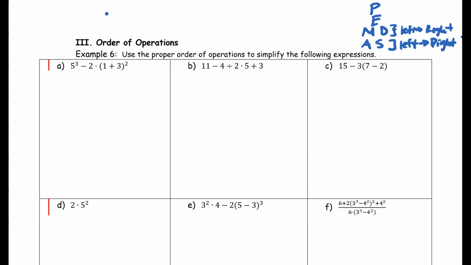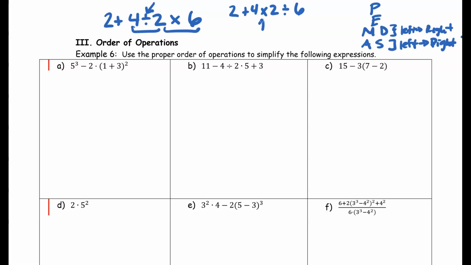For example, if you have 2 plus 4 divided by 2 times 6, you've got division and multiplication. You've got to do that division first, the 4 divided by 2, because it comes first. If it was 2 plus 4 times 2 divided by 6, then you would need to do the multiplication first because it's leftmost.